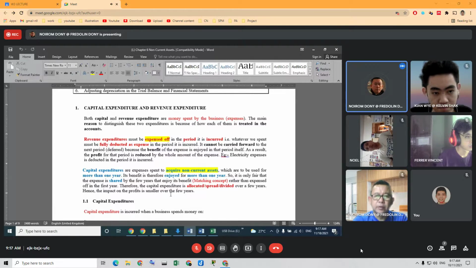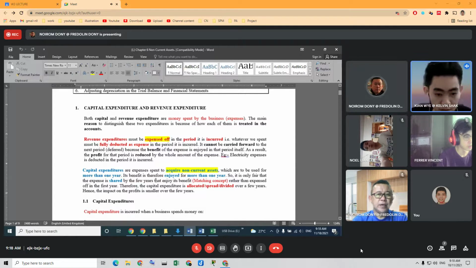Spread it, allocate it, divide it by a few years, so that the impact will be much smaller. And it's giving us true and fair view. Okay, so that is the reason why revenue expenditure and capital expenditure existed. Why this concept existed. Can you understand?